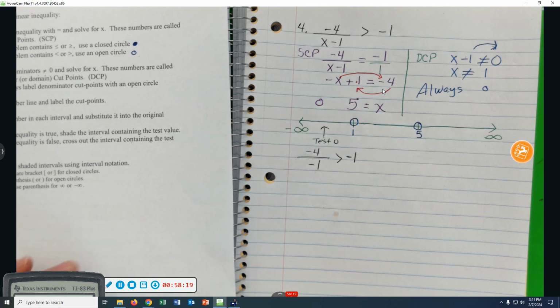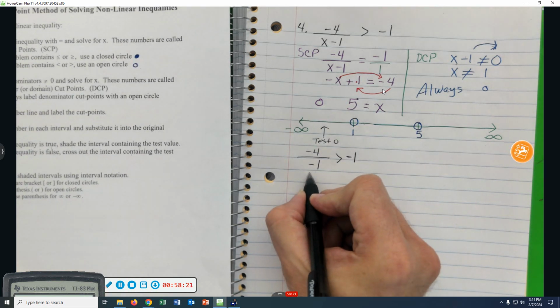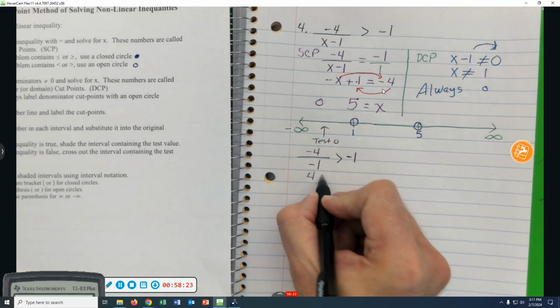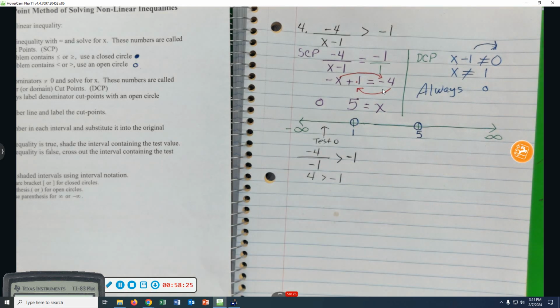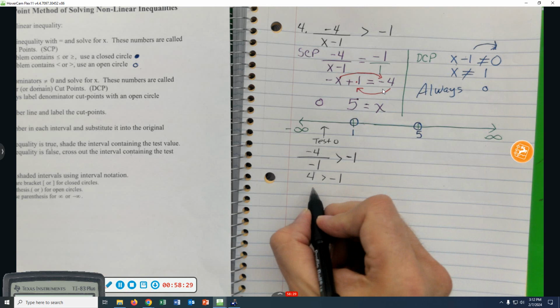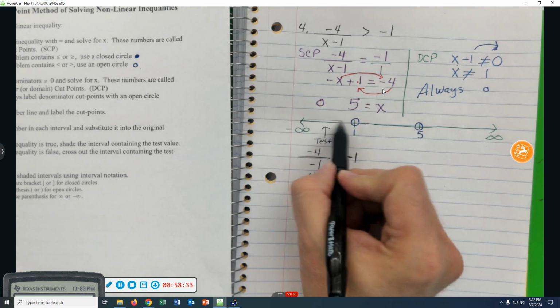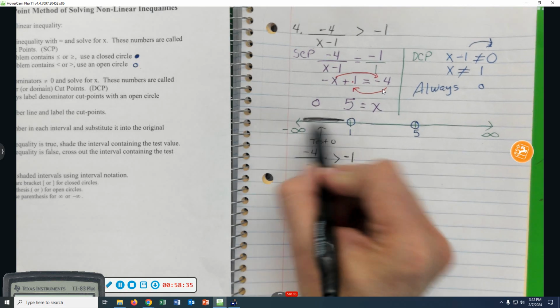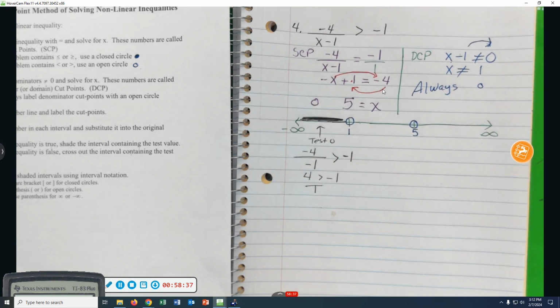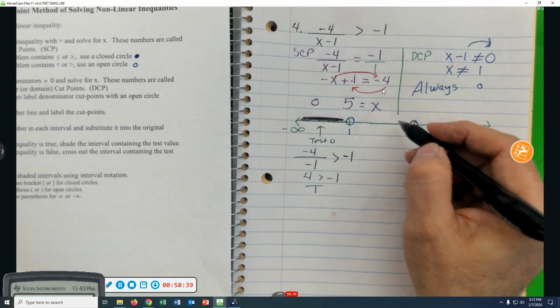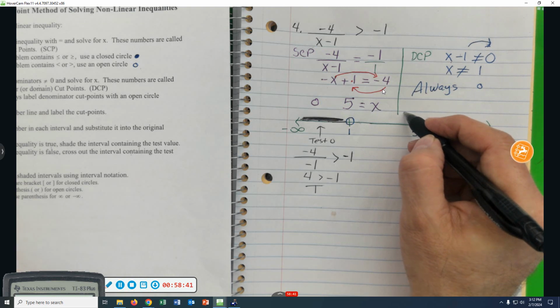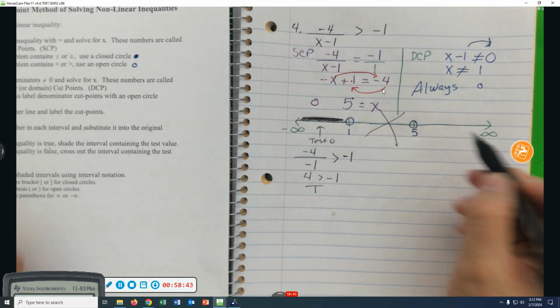What's -4 divided by -1? 4. So it's my statement: true or false? 4 is greater than -1. That's true, isn't it? So, shade. What else do we do? This interval, do I shade it? No. What about this one?